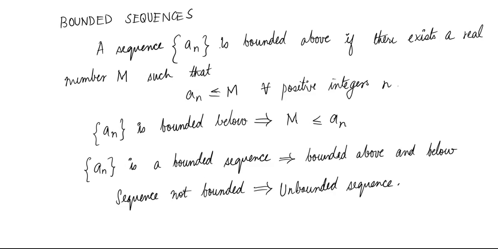And if the sequence is bounded below, then all your a_n are above some lower value. If we say a_n is a bounded sequence, it implies that it's bounded above and below. And when a sequence is not bounded, we simply call it an unbounded sequence.